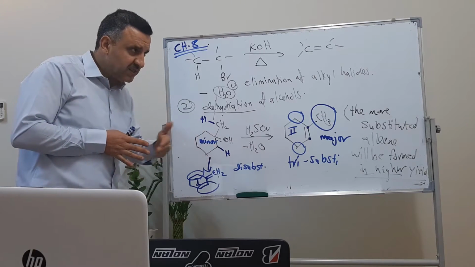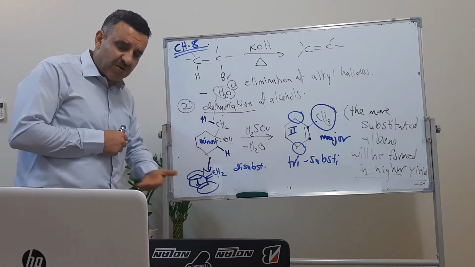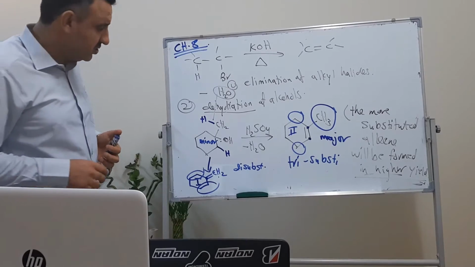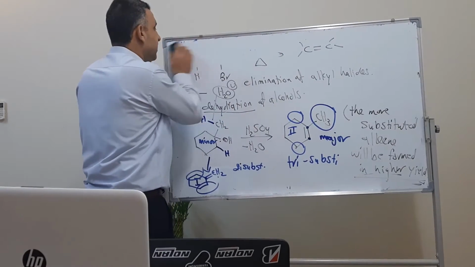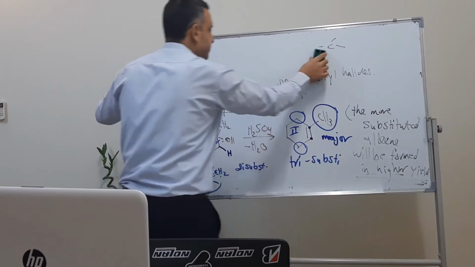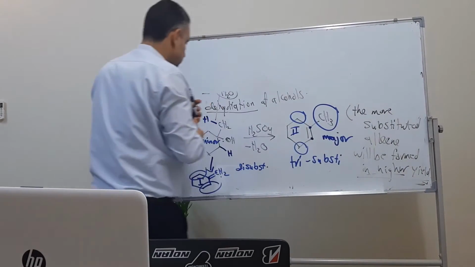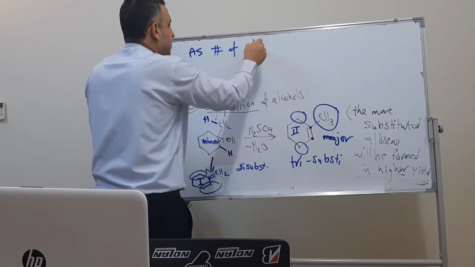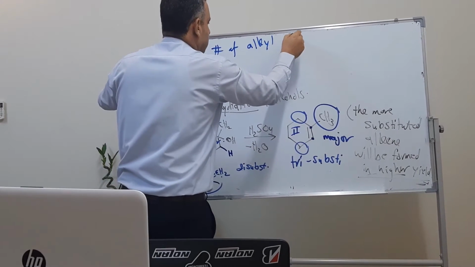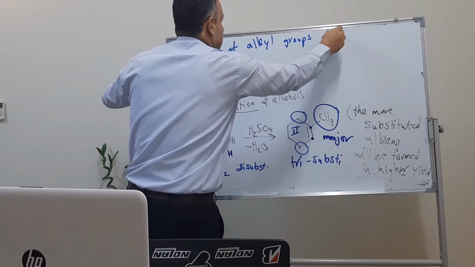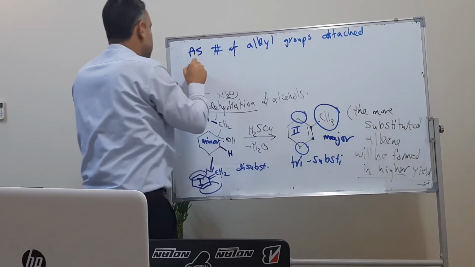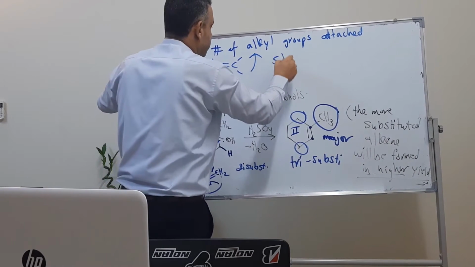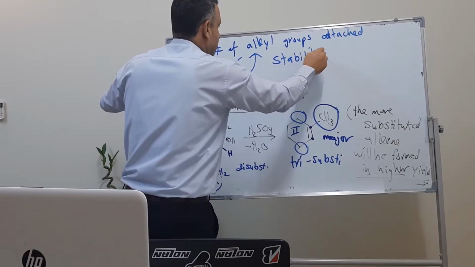When we compare the stability of the alkene, we said as the number of alkyl groups attached to the system increases, the stability of the alkene increases. As the number of alkyl groups attached to the carbon-carbon double bond system increases, stability increases.